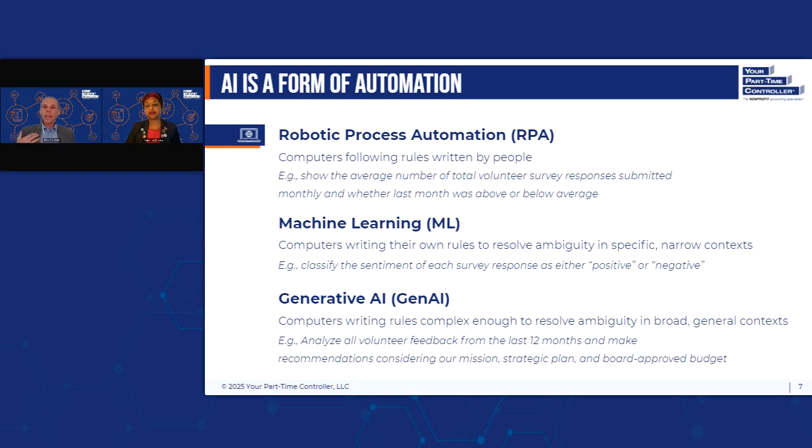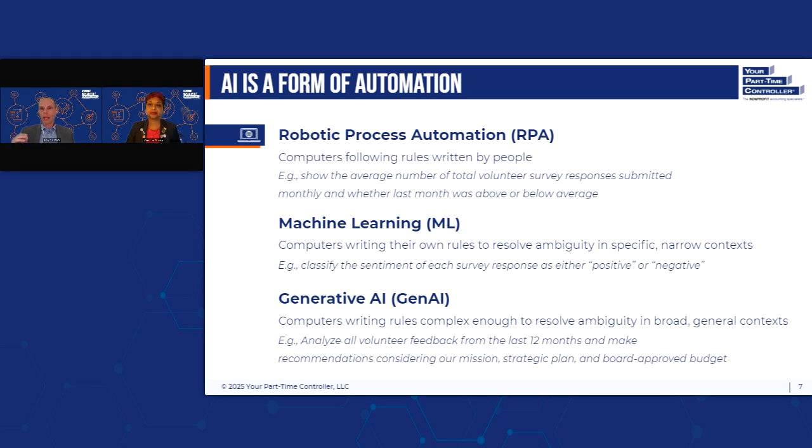So how do we then use and process that information? We may be getting thousands of responses each month, maybe even each week. With robotic process automation, so without AI, we can do things like showing the average number of total volunteer responses and comparing that to historical levels: how many responses are being submitted each month, and is that more or less than in recent months?